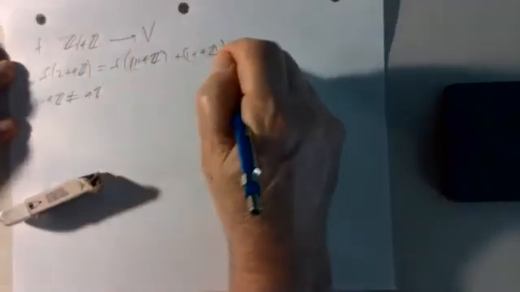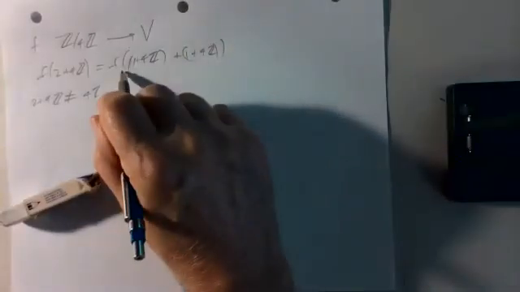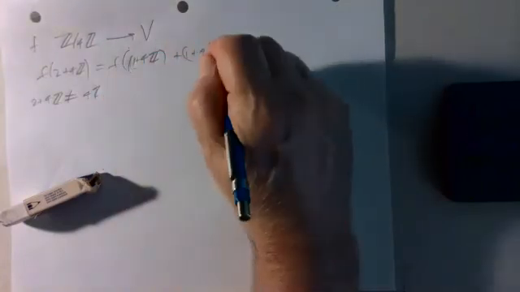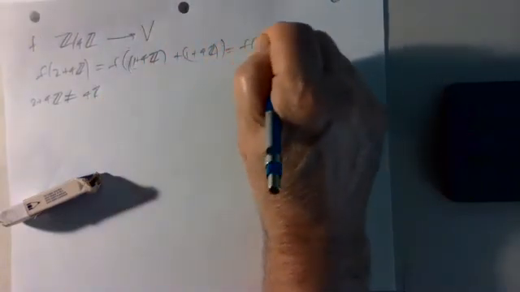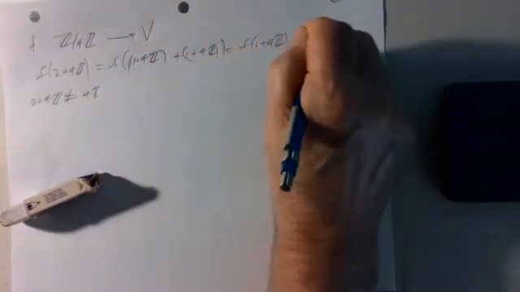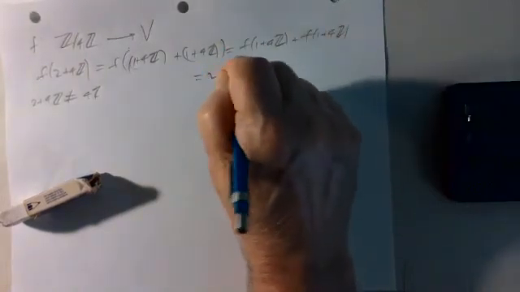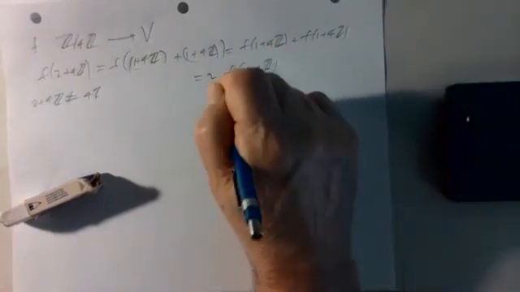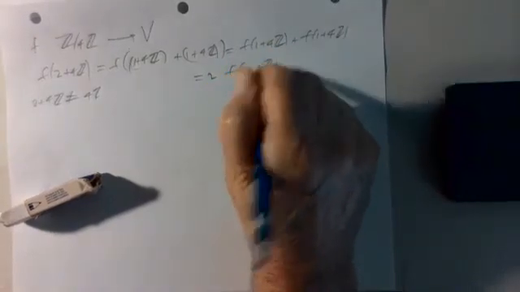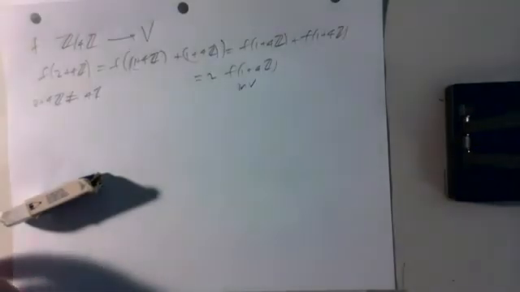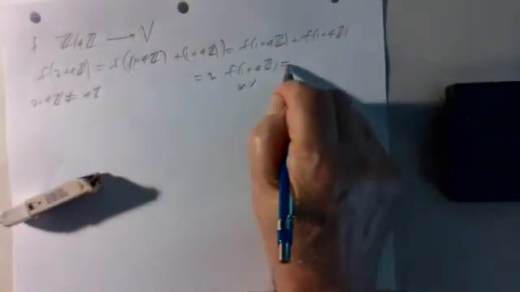Because, as you know, in algebra, 1 plus 1 is 2. And because of the functional equation for the isomorphism, this is f of 1 plus 4Z plus f of 1 plus 4Z, which is 2 times f of 1 plus 4Z. This is all in V. And in V, the identity is order 1, every other element is order 2. So 2 times anything is 0.